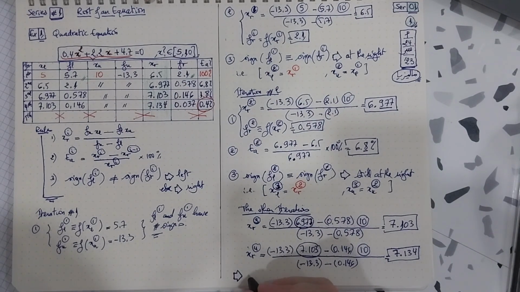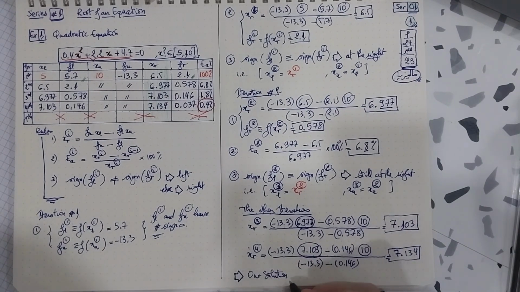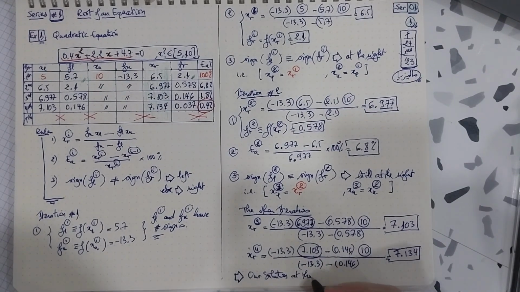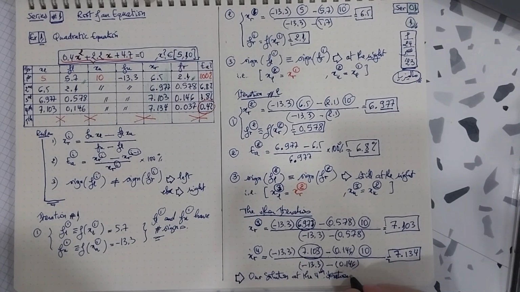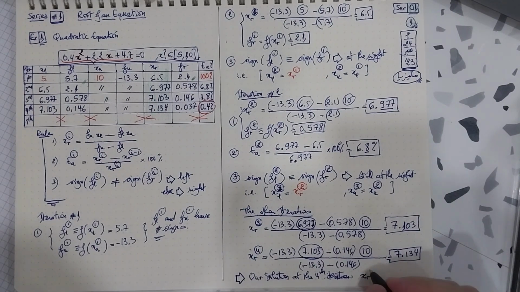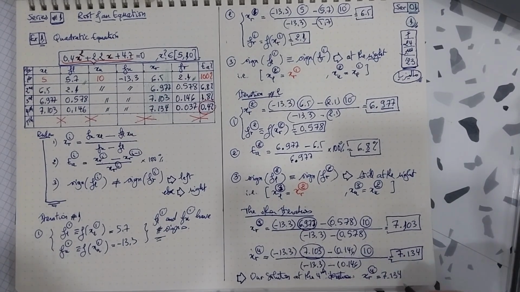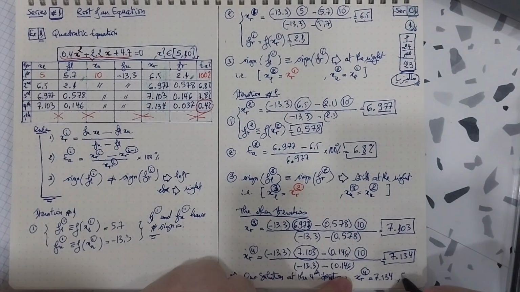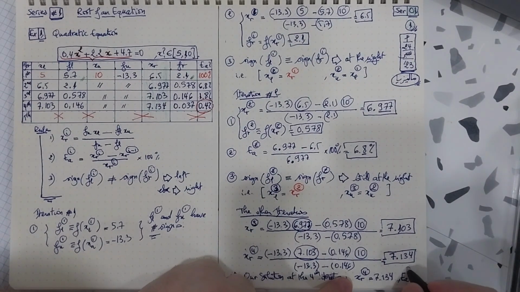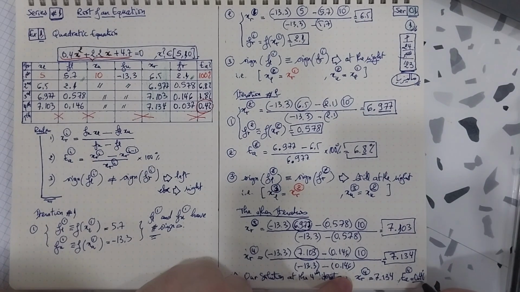Conclusion: our solution at the fourth iteration is XR 7134, with an error of 0.4%.